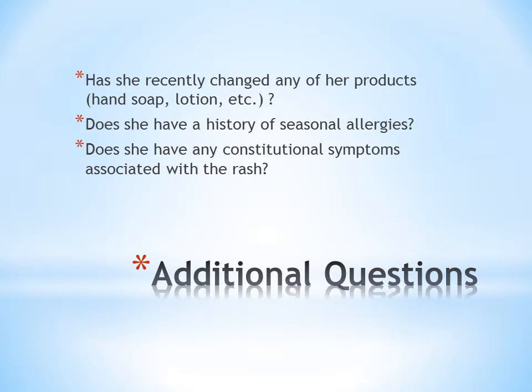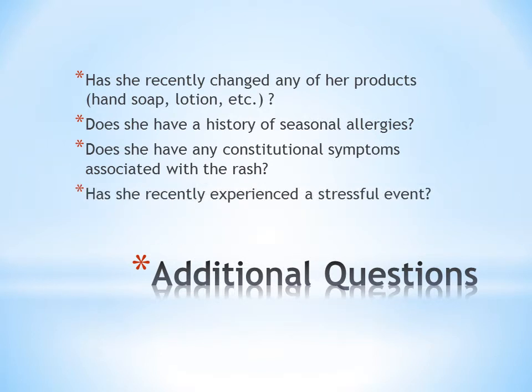Okay, does she have any constitutional symptoms associated with the rash? So this is important because you may have an internal medical condition that presents as a dermatologic condition. And also you want to know about a stressful event, especially a major stressful event such as divorce or marriage or moving, because these can all aggravate dermatologic conditions.